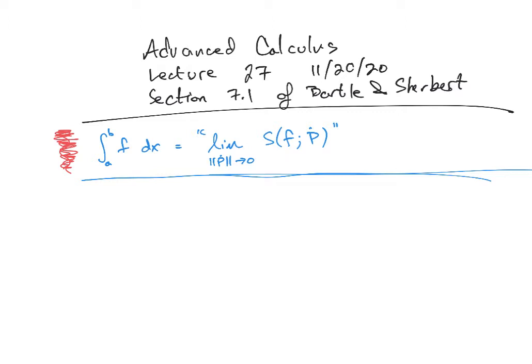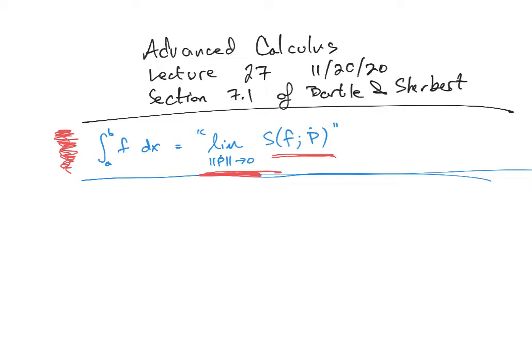I'm just going to point out we haven't technically defined a limit over tagged partitions. So it's not technically a limit, but it is morally a limit. We're letting the norm of the tagged partition go to 0, and we're asking what happens to this sum. Okay.